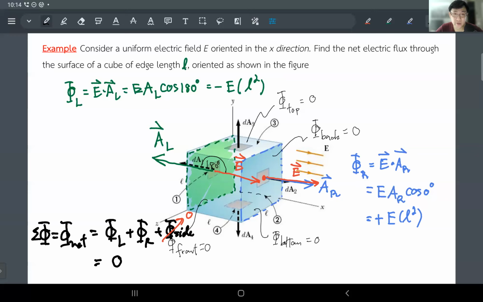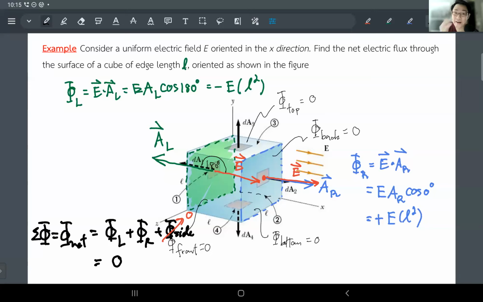So there's nothing trying to enter this cube, and nothing is trying to exit from the cube. That means the electric field is being generated somewhere else, and whatever gets into the box gets out. So there's nothing left inside this cube. You guys with me? That's why the net flux is 0.